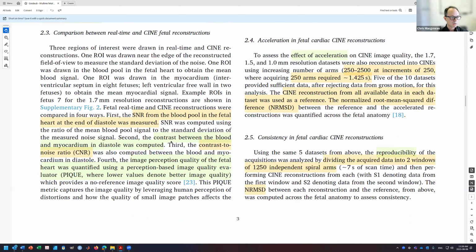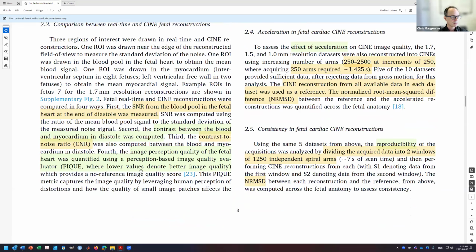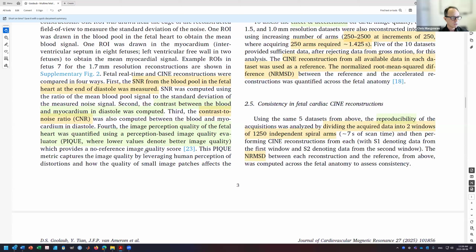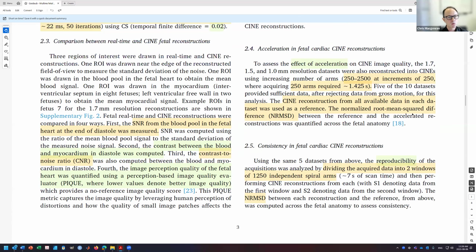We looked at raw contrast between the blood pool and the myocardium, as well as contrast-to-noise ratio. We also looked at image-agnostic image metrics, one called perception-based image quality evaluation, or PIQE, where lower values denote better image quality.